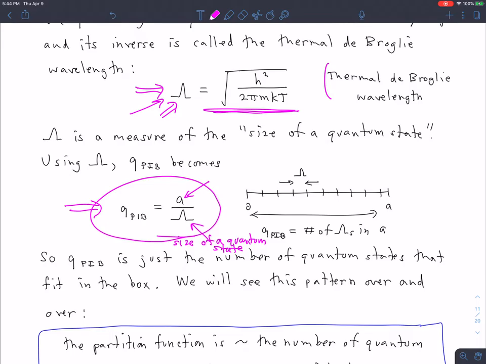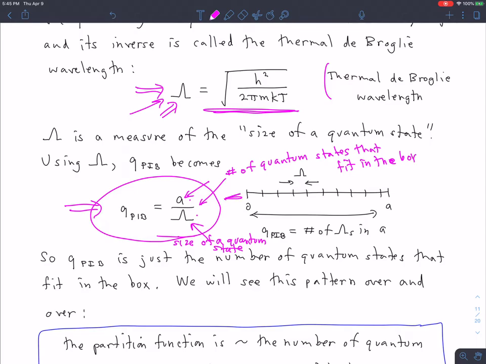And so this ratio is just the size of the box over the size of a quantum state. That's the number of quantum states that fits in the box.